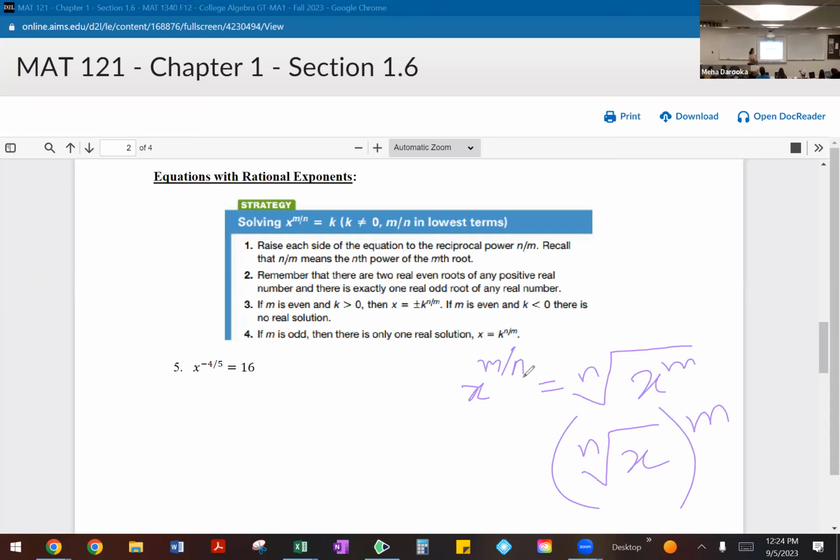So the way you solve these types of equations is, of course, we need to get rid of that exponent before I can get x by itself and then find my solution. So what you do is you invert that exponent and you raise both sides of your equation to that reciprocal of n over m. So if the original was m divided by n, you flip it over and it becomes n divided by m, right? Take the reciprocal.